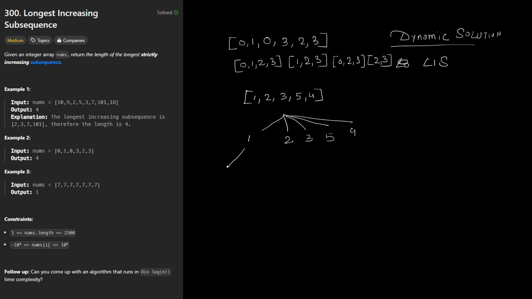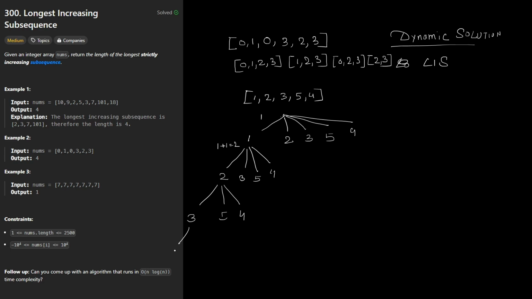Then from 1, whenever you take 1, we add 1. So 1 plus 1 equals 2. Here I can take 2, 3, 5, 4. From 2, I can take 3, 5, 4.